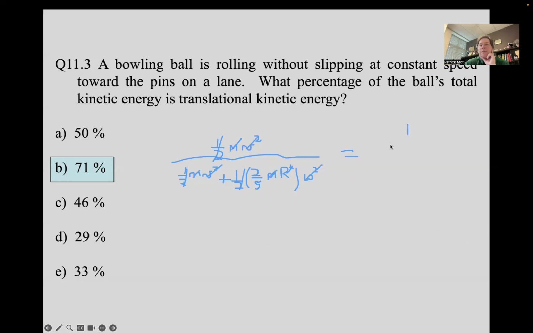So we have 1 over 1 plus 2/5. So that's 1 over 7/5, which is 5/7. Pretty high fraction in translational kinetic energy, which is exactly what you wanted for a bowling ball. And that is a bit above 70%. So there you go.